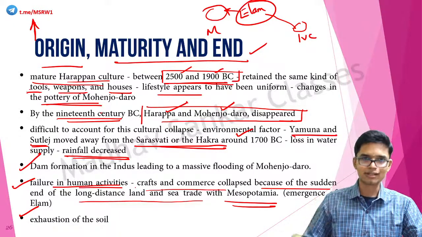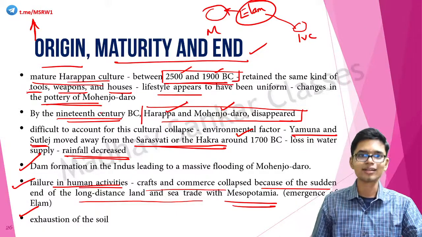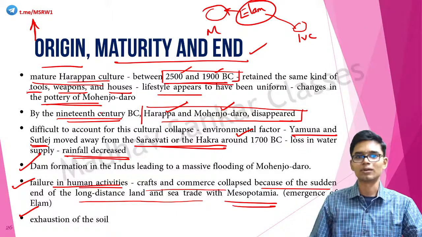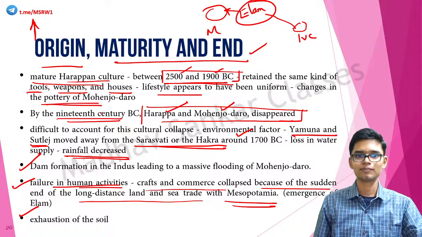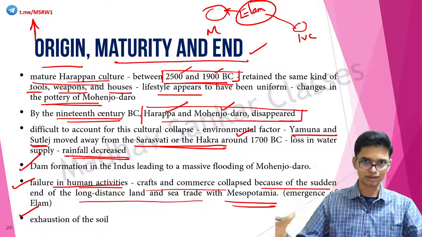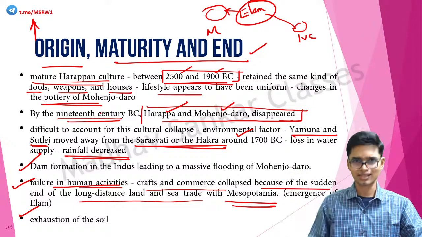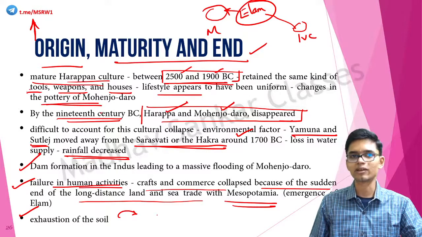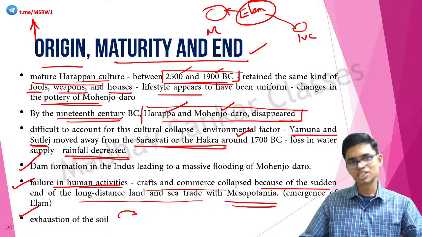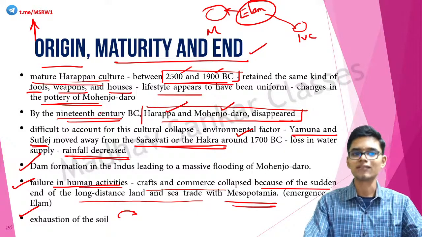Due to intensive agriculture again and again, due to the lack of proper rainfall, due to the rivers drying up, because natural vegetation was cut down, all these reasons eventually contributed to the exhaustion of soil, which resulted in lower yield of agriculture and probably even collapse of the agriculture, which led to the collapse of the civilization as such.